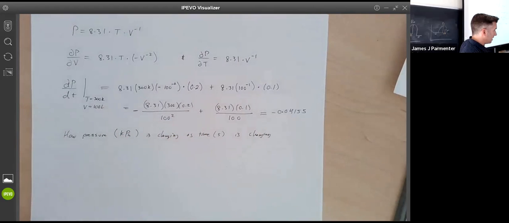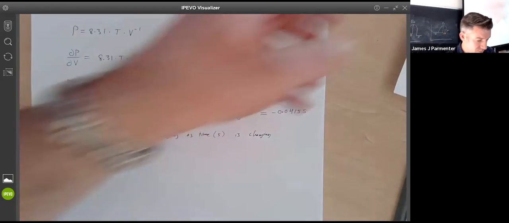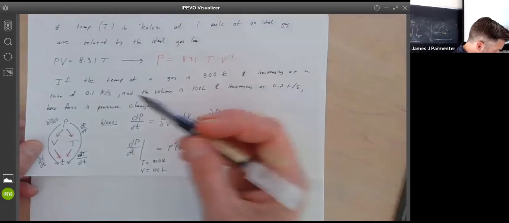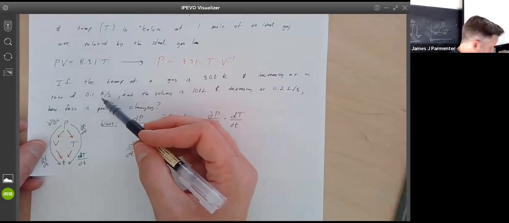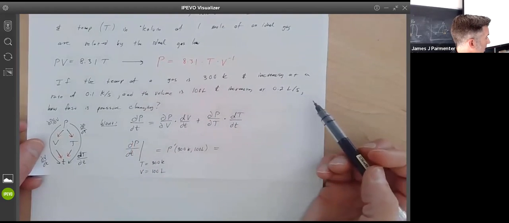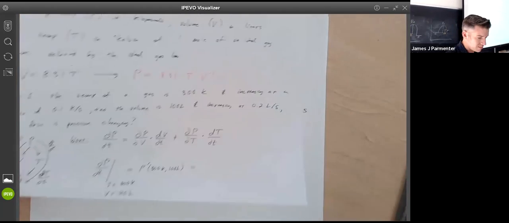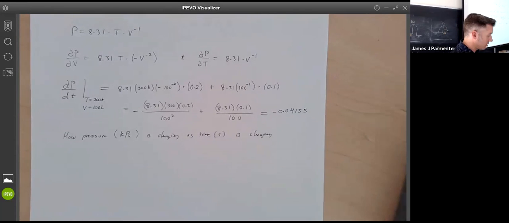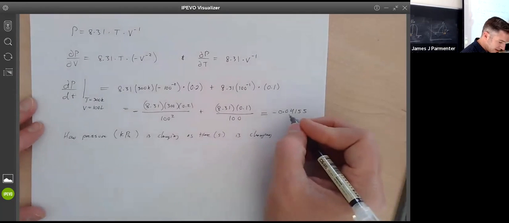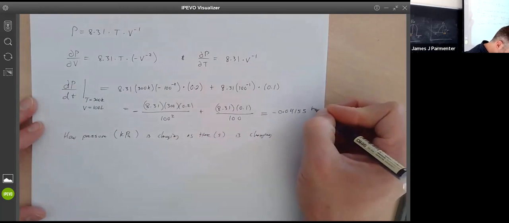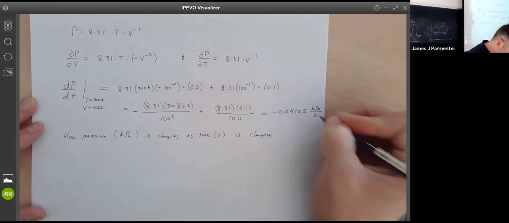How do I know it's measured in seconds? Because some of the other measurements were given in volume per second or temperature per second, right? My previous rates of change were 0.1 kelvins per second and 0.2 liters per second. So that's how I know what my unit of time is. Basically, it's just whatever unit of time they're already using. So this is going to be negative 0.04155 kilopascals per second.